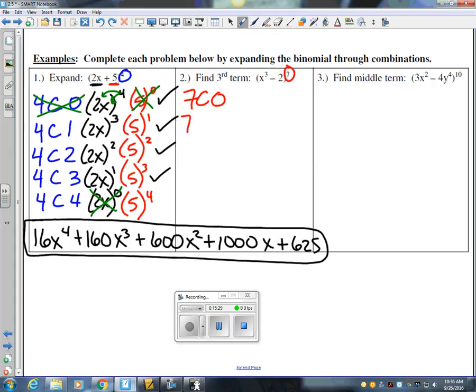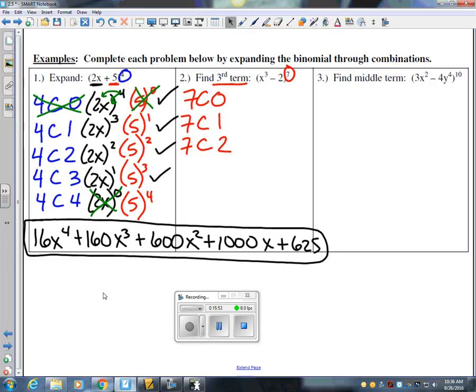Then I'm going to write 7C what? 1. That's the second term. And then I'm going to write 7C2. That's the third term, and I'm going to stop. I'm not doing any extra work. I only have to go to the third term.